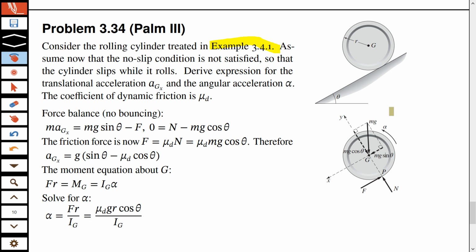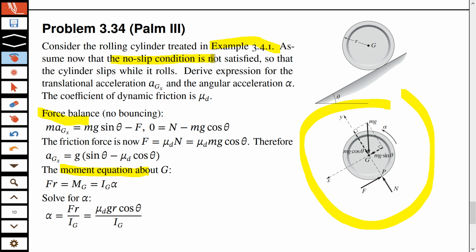We solved that example last time by working with this free body diagram and applying force balance and moment balance. So this is what we have been doing, but the only difference this time is that the no slip condition is not satisfied.